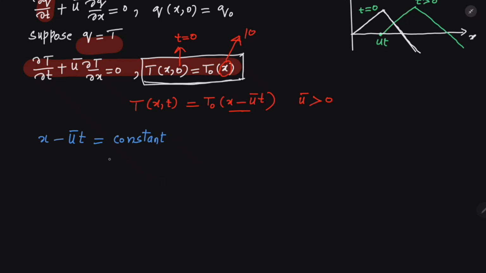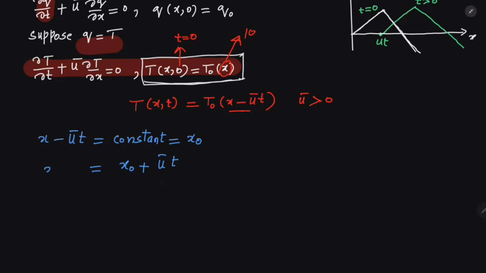It means that if we use our notation, that constant, for example, is equal to x naught, some initial value, and x equals x naught plus u bar t.